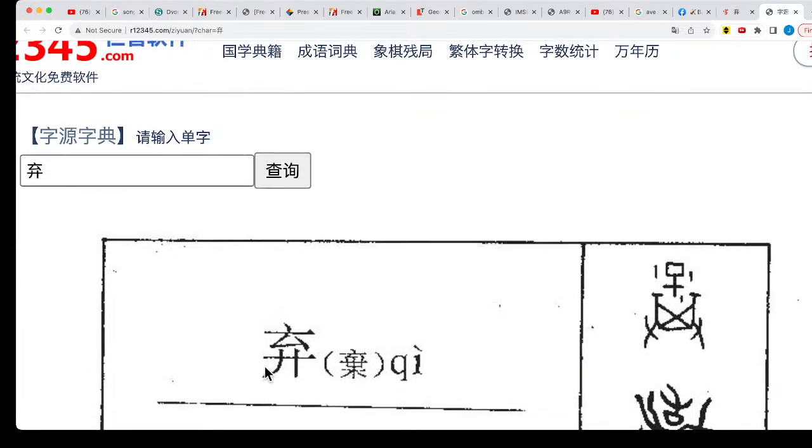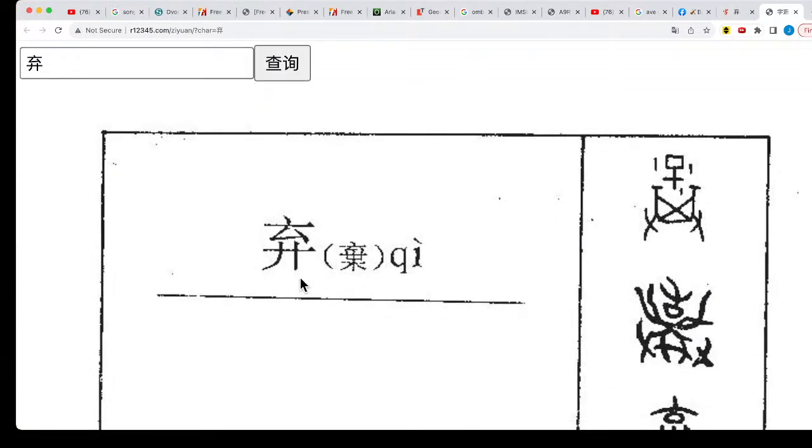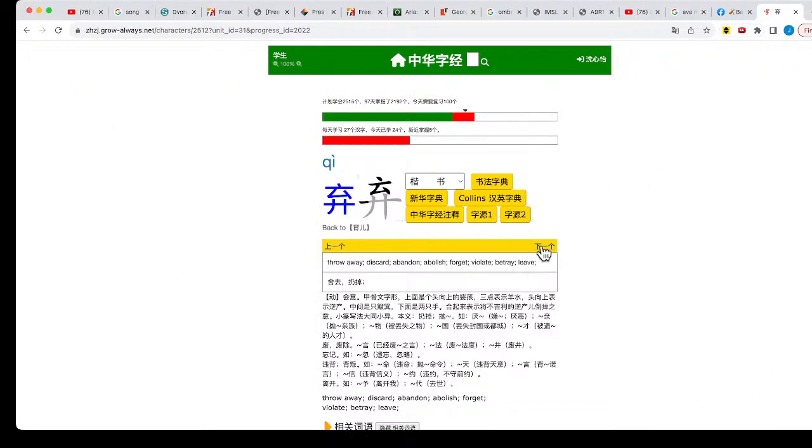Now of course they further simplified it, right? The way this was simplified is a writing style of Chinese characters called 草书. So basically you are writing things very fast, and they end up sort of like this. And so they simplified this character. All right, this is 弃.